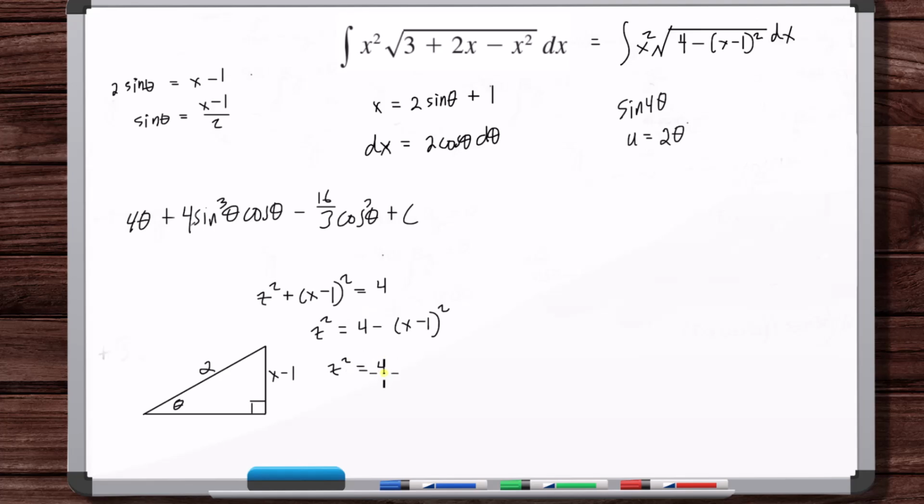Z squared is equal to 4 minus x squared minus 2x plus 1. Z squared is equal to 4 minus x squared plus 2x minus 1. Z squared is equal to minus x squared plus 2x plus 3. So z is equal to the square root of 3 plus 2x minus x squared.